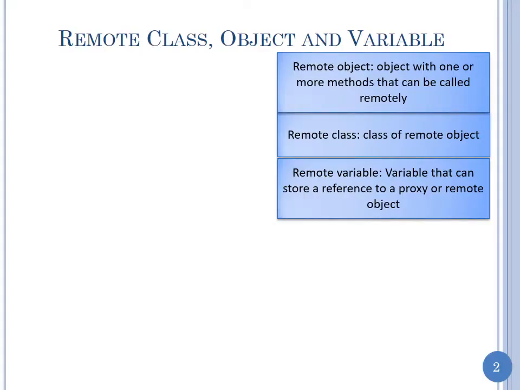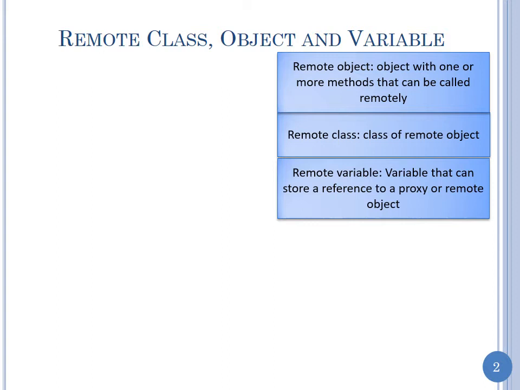So the goal here is to figure out how Java's RMI allows us to create these three concepts. How does it allow us to create remote objects whose methods can be invoked remotely, and that in turn means it requires us to create remote classes whose objects can be remote, and we need to store these objects in variables.